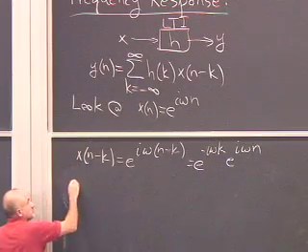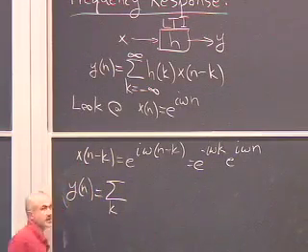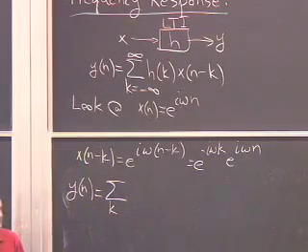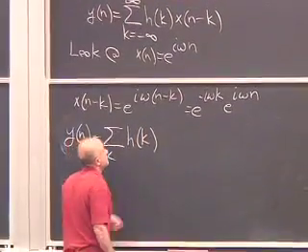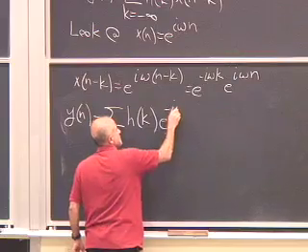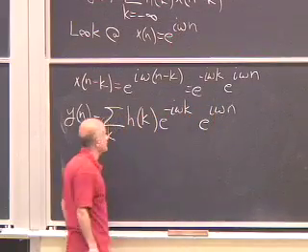And I plug it into the convolution. So I have summation over k. I'm not going to keep carrying all this minus infinity to infinity. Summation over k, h of k times x of n minus k. X of n minus k is e to the minus I omega k times e to the I omega n.